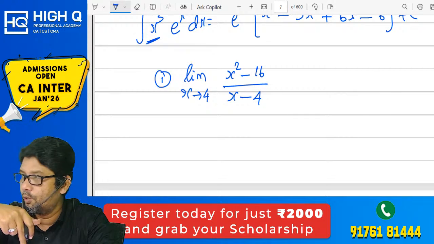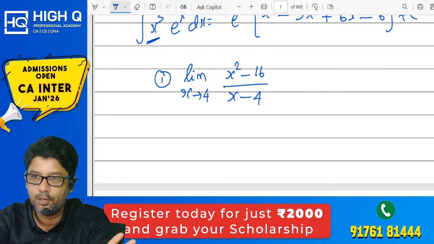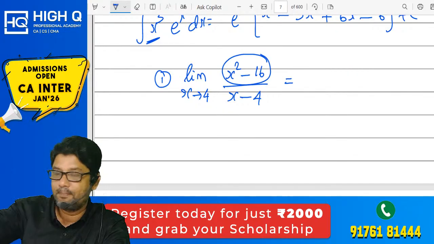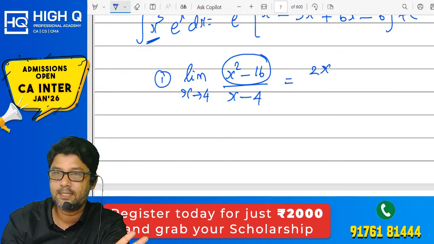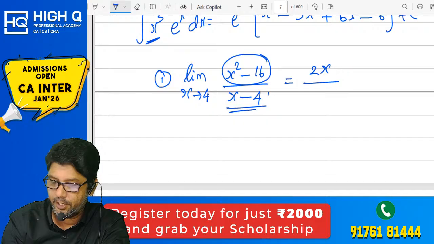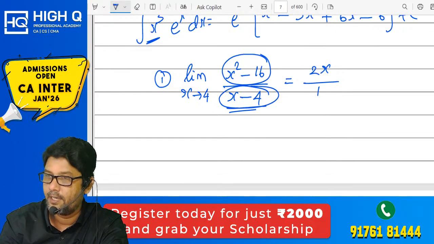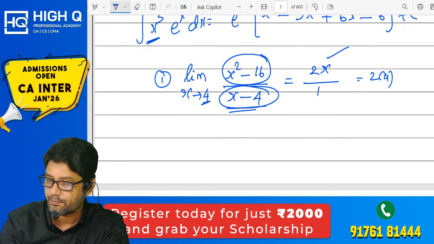If I substitute, 0 comes in the denominator, which is an indeterminate form. So just do what I'm saying. Differentiate the numerator separately. What is the derivative of x square? 2x. Differentiate the denominator separately. Don't apply the u by v rule. Now substitute x is equal to 4 here. Answer over.